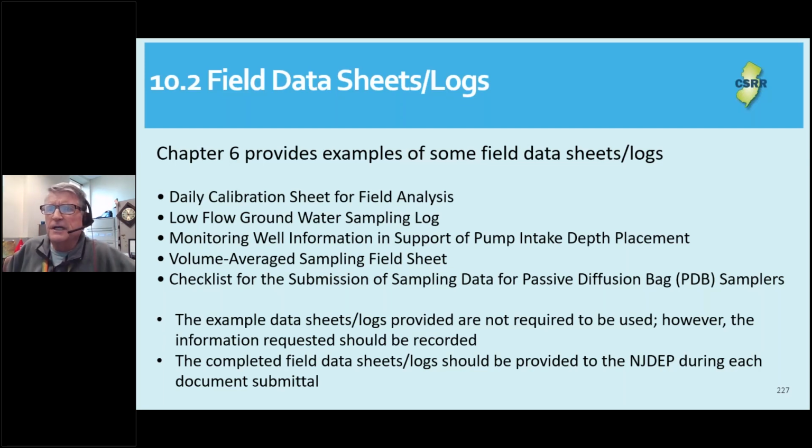The completed field data sheets and logs should be provided to the DEP or other regulatory agency during each document submittal. The example data sheets and logs provided in the chapter are not required to be used. However, the specific information requested should be recorded. Next slide.